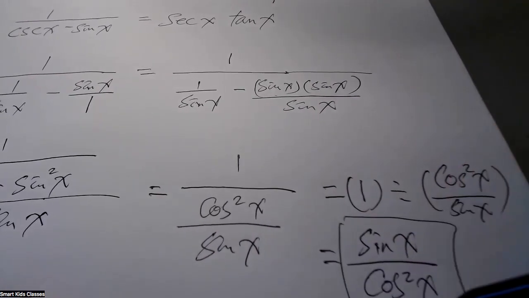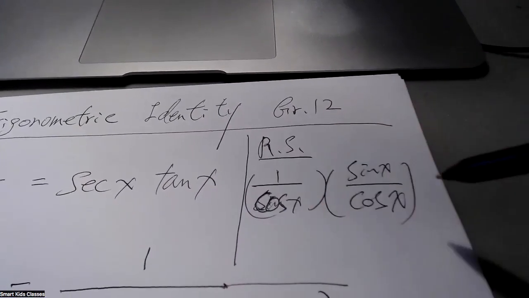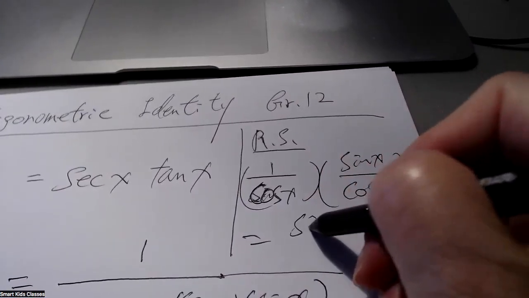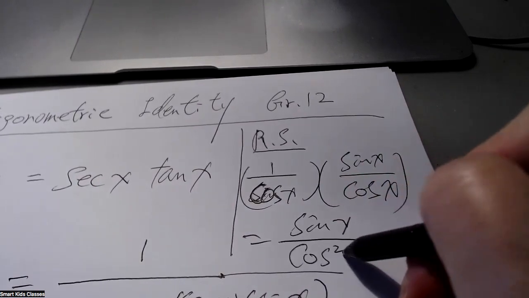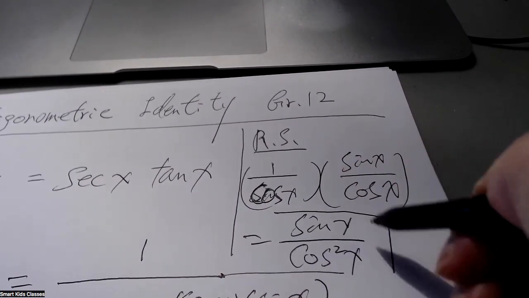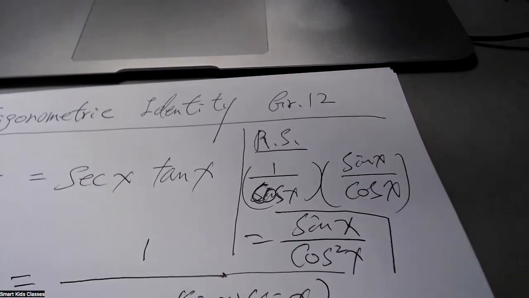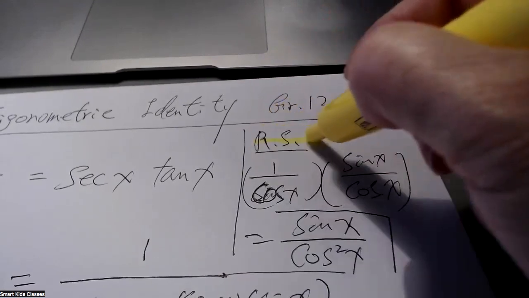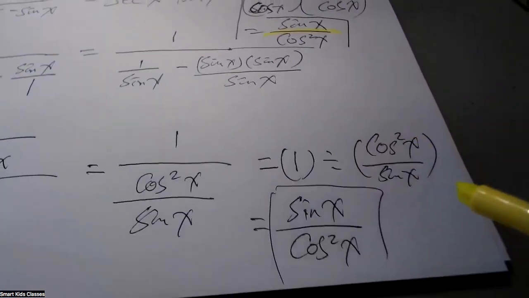So this is the left side, sin x over cosine square x. Now, this is the right side, I'm going to highlight it. Right side, sin x over cosine x.